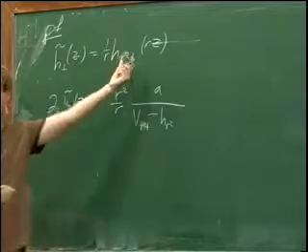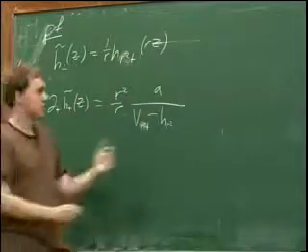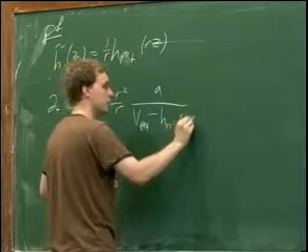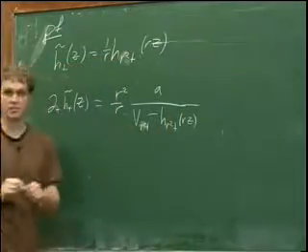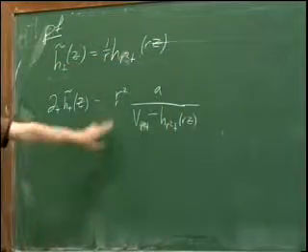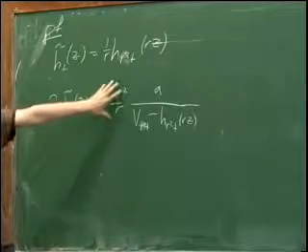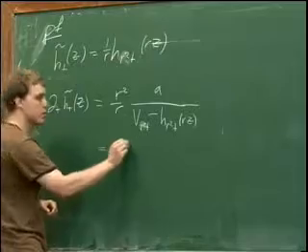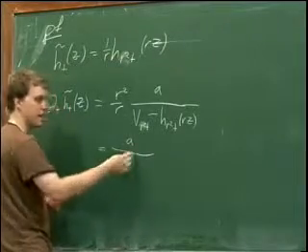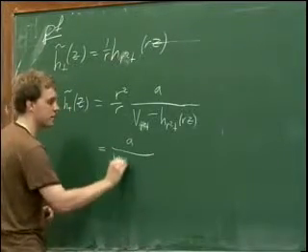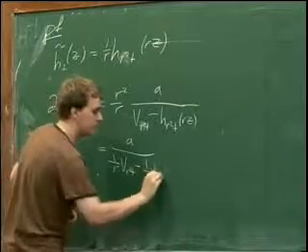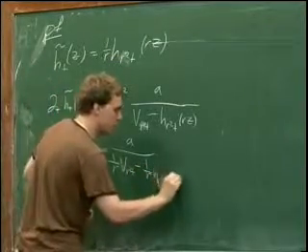You always need to make sure that your driving parameter is at the right time. And now we can take this factor of r that's out front and move it down into the denominator. We get 2 over 1 over r times V sub r squared t minus 1 over r h sub r squared t of rz.